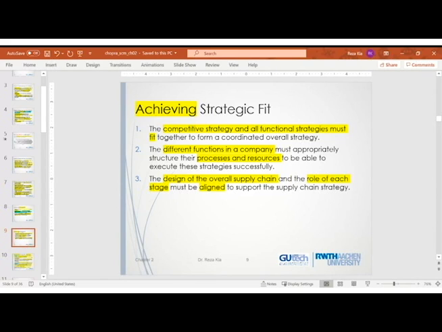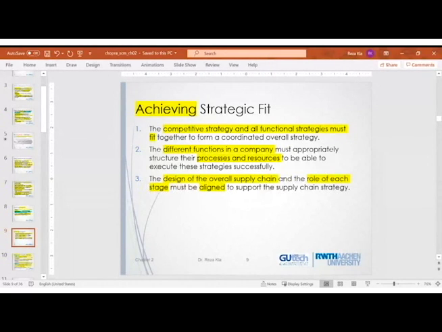So I think in the next slide, we will have some examples of how we can have a strategic fit. So a strategic fit, again, I repeat, competitive strategy, supply chain strategy. Why? Because we want to match customer priority and supply chain capability.